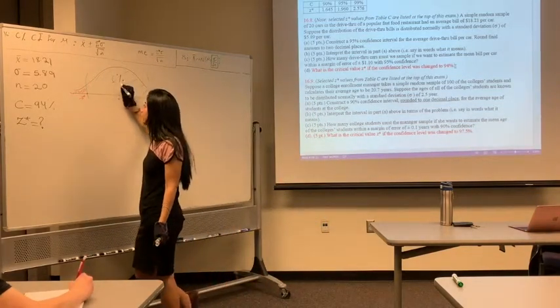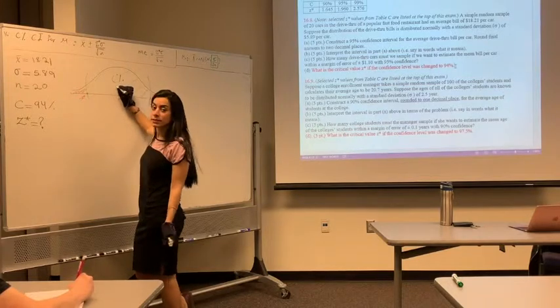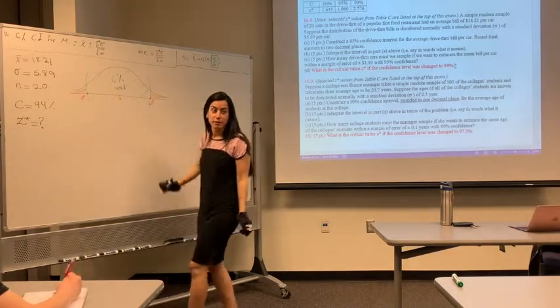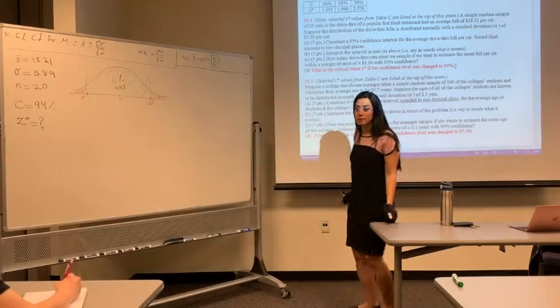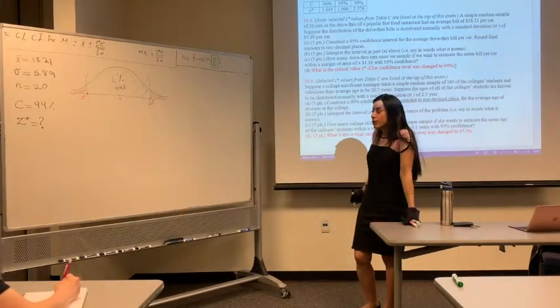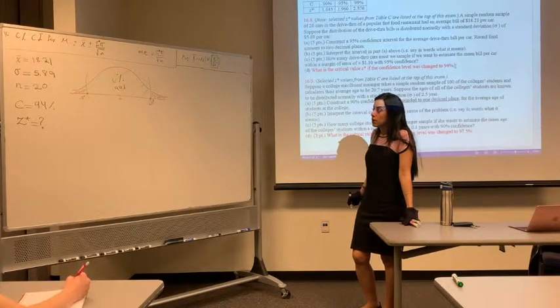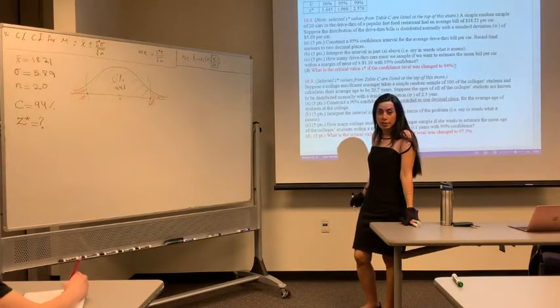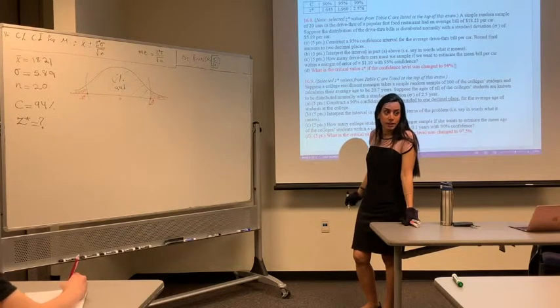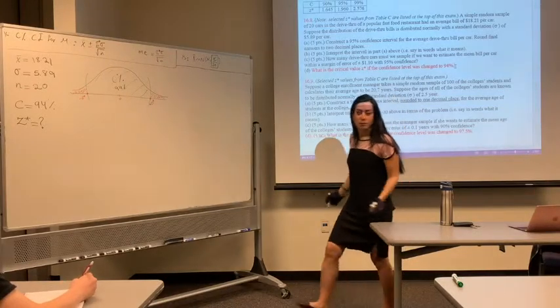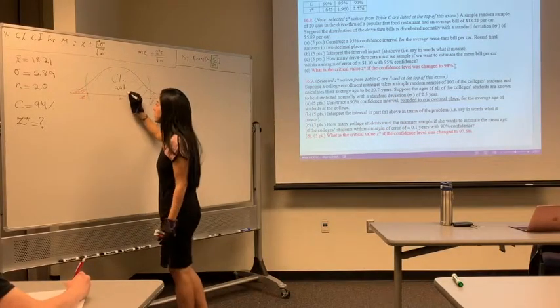So I want this C to be 94%, correct? And if you remember, the area under this was shown in table Z as a decimal, for example, 0.9400, right?